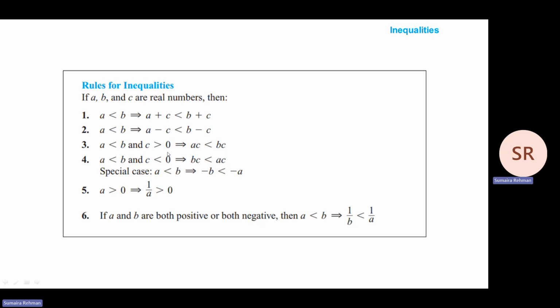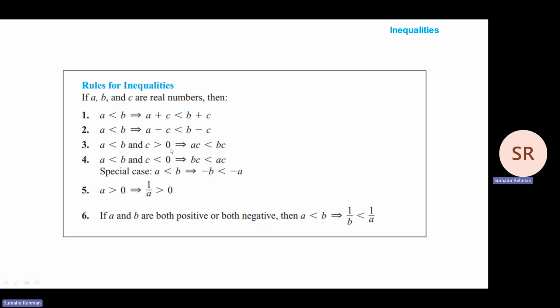Obviously, we cannot multiply the inequality with 0. If we multiply with 0, we will get 0 on both sides of the inequality. So it can affect the inequality if we multiply some quantity on both sides, and that's why we are taking a strictly greater than 0 number.